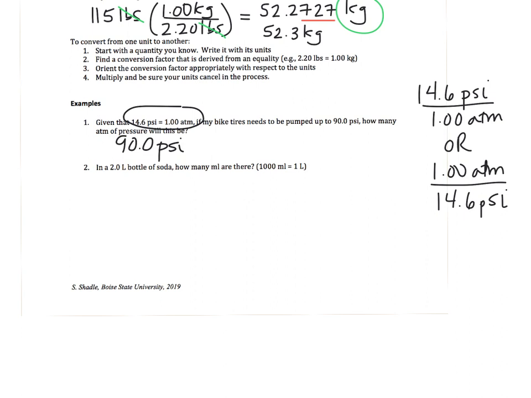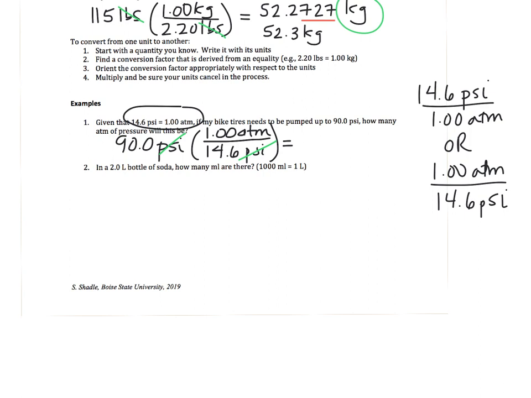Now I'm going to choose a conversion factor, either this one or this one, that will allow me to cancel the psi. Since I have psi in the numerator here, I'm going to want the version that has it in the denominator here. So I'm going to choose this one. And so I can see that my psi are going to cancel here, and I'm going to be left with atmospheres, which is what I want.